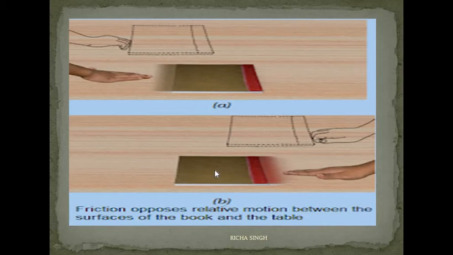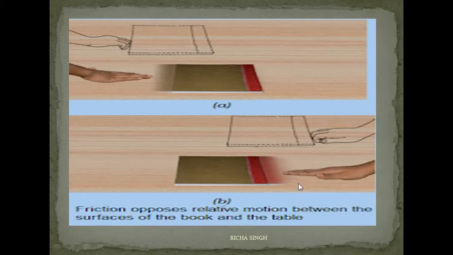The book moved this way. So what you observe in both figures is that the book stops after moving a certain distance. It has covered a distance when you slid it, but it stops. So why is the book stopping? Because there is a force acting on the book from the opposite direction and thus slowing the movement.